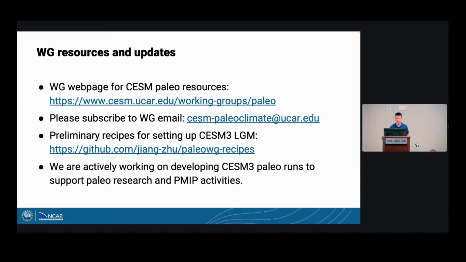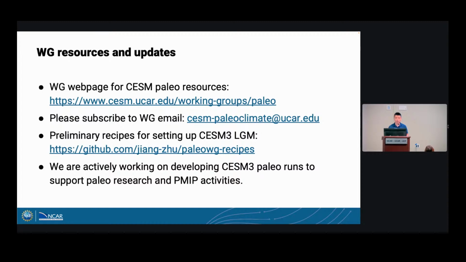My goal for the CESM3 LGM is to, in the future, create a comp set so everyone can run CESM3 LGM. I think this is important because there is a lot of ongoing machine learning and hybrid model-based work.